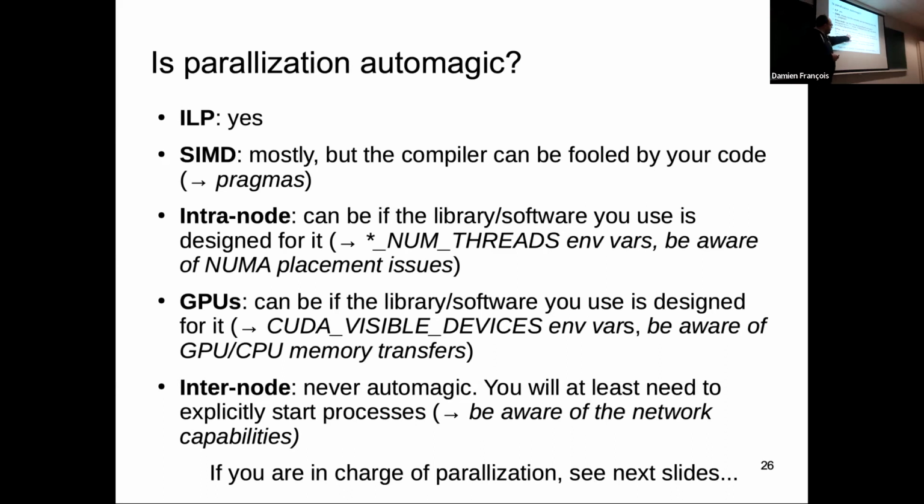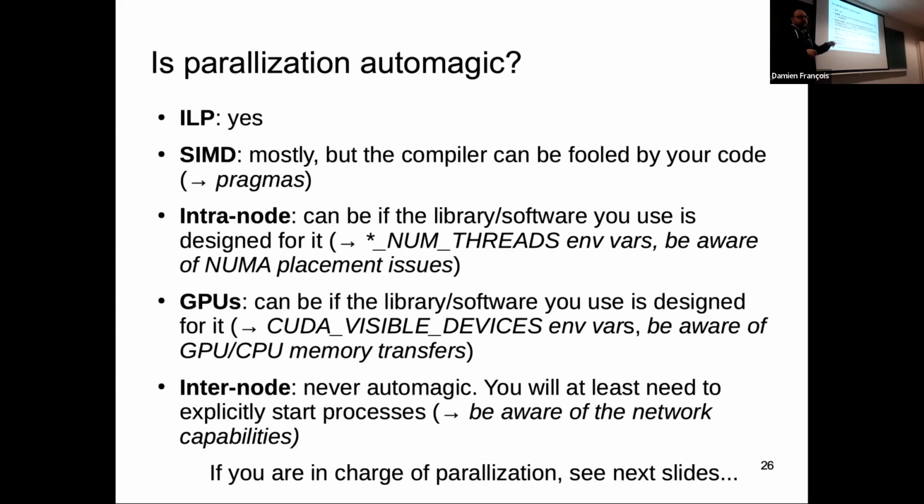The CUDA visible devices variable is taken care of by Slurm for you automatically, so you don't have to worry about it. It's not the case for the threads variables by default. Some sites organize it for you, some others don't, so you need to make sure that these variables are correctly defined.